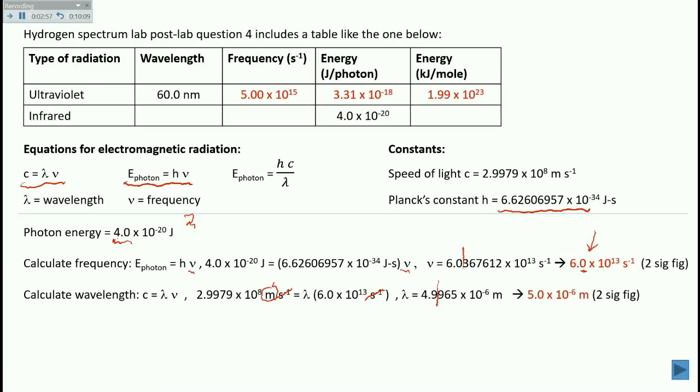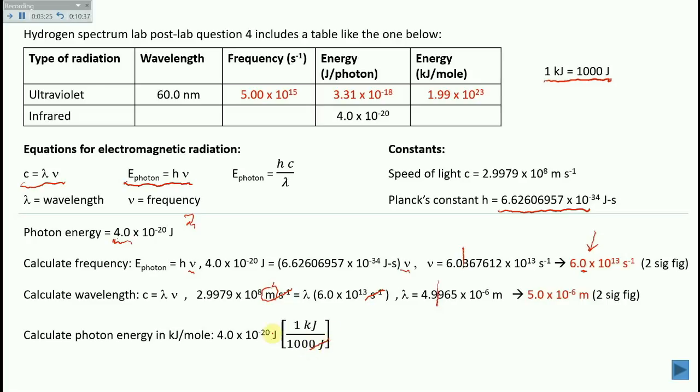The last thing we're going to do is to go back to our original input, the photon energy, and we'll calculate the energy of a mole of photons in kilojoules. So let's start with our information, the photon energy. I need to convert that to kilojoules, so we'll go back to our definition of a kilo, 1,000 joules. I want to cancel joules and keep kilojoules, so joules will be on the bottom, kilojoules on the top.